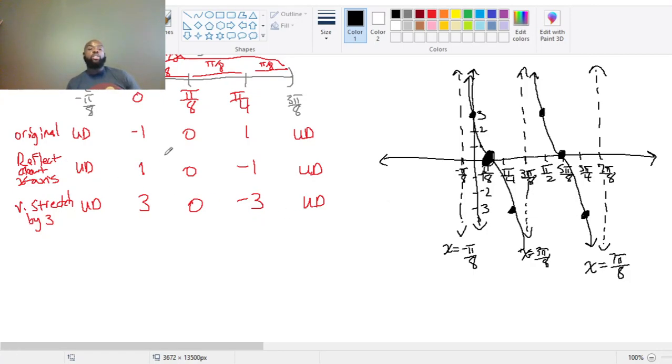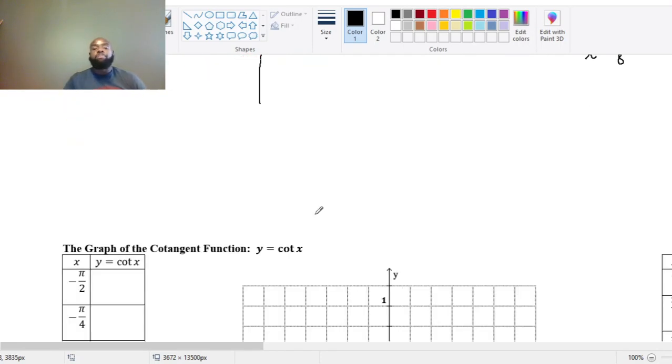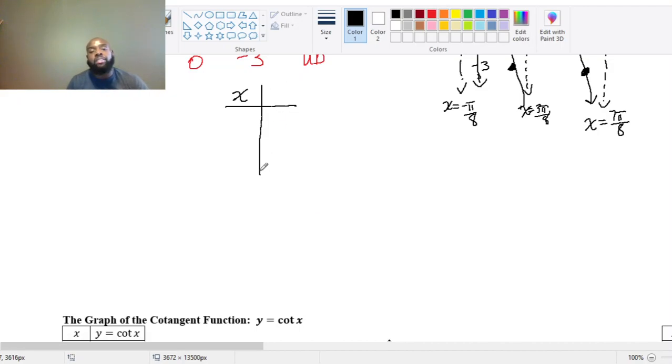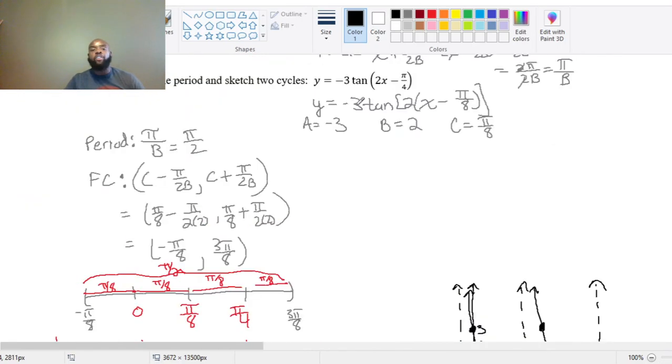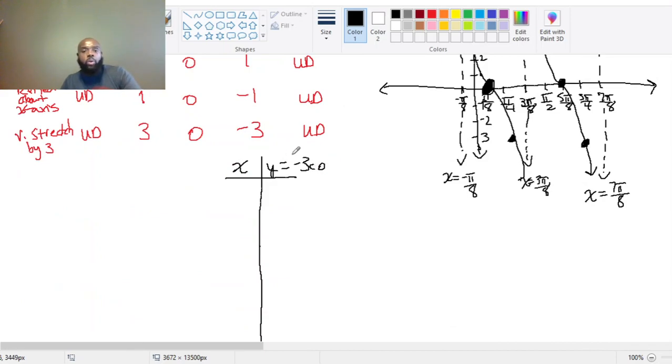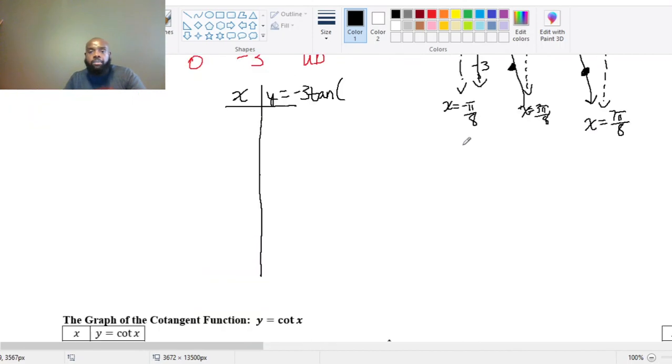Now, if you didn't want to use those reflections and that vertical stretch, remember you could also, and this may be an easier option, I say it may be an easier option, sometimes it can be a little confusing, but you have y equals -3 cotangent, and you can go back to your regular function written this way, or you can go to the function here, and I don't know why I wrote cotangent, it's the tangent of 2x minus pi over 4.